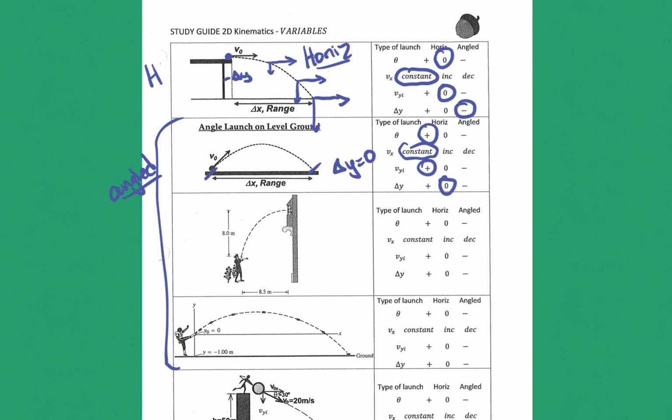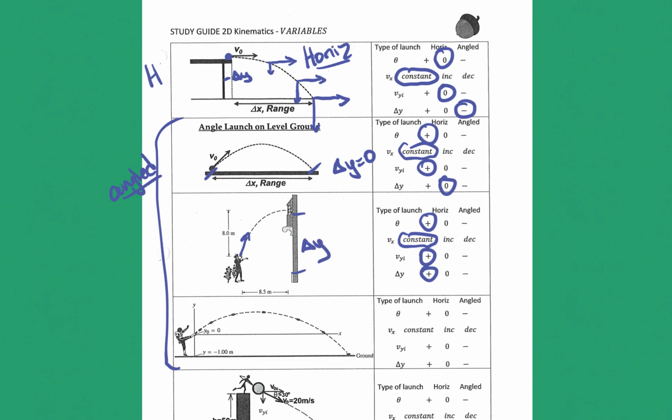So here's Romeo throwing a pebble at Juliet's window. In Romeo and Juliet, we have a positive angle because it's upward. We have a Vx that's constant. We have a Vy initial that's positive, and a delta y that's positive because the pebble has landed against the glass to wake her.